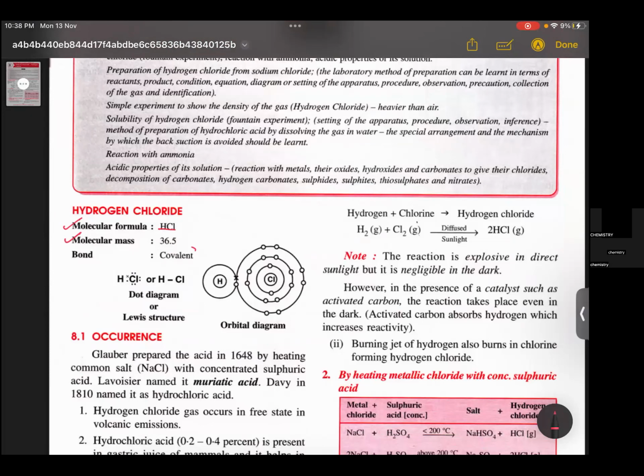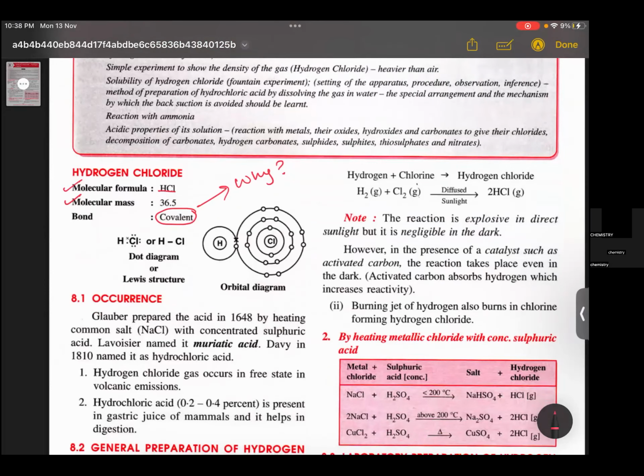Now, we know that HCl has a covalent bond. They can ask you why. So why does it have a covalent bond? What is a covalent bond? An ionic bond is when you have a metal and a non-metal, whereas a covalent bond is mutual sharing of electrons, whereas ionic involves donating or accepting electrons.